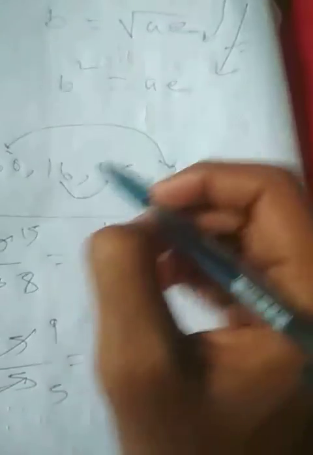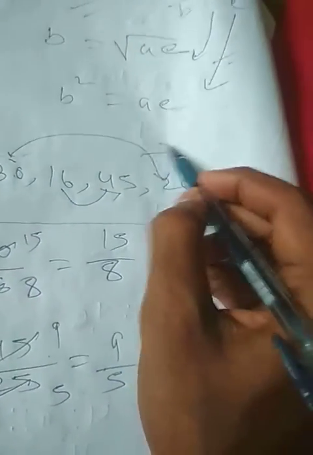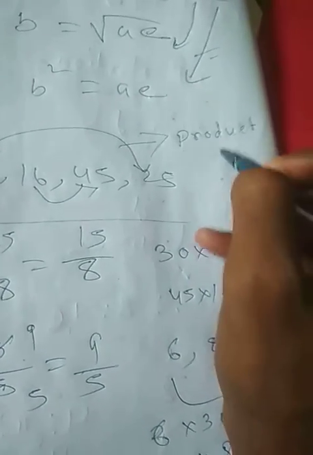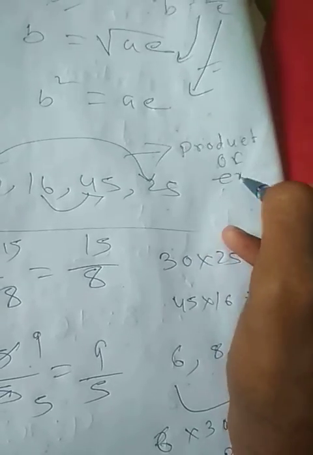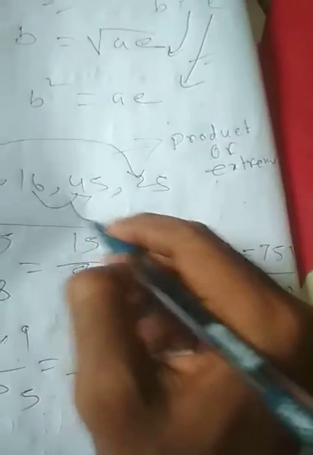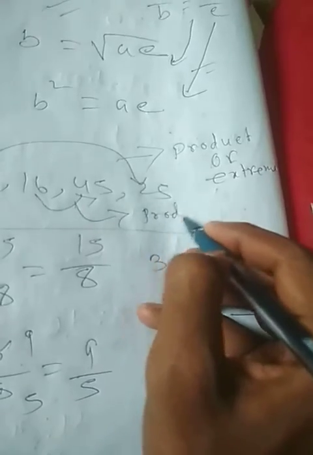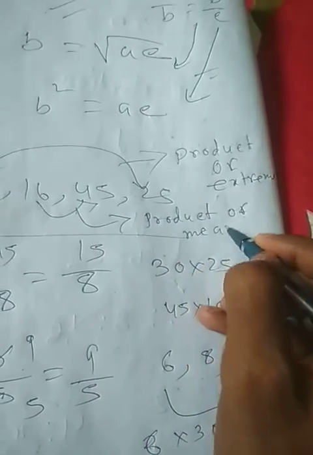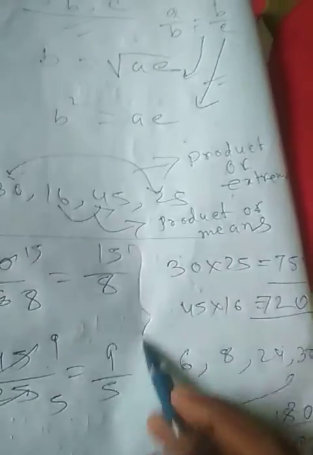If you multiply first and last, this is known as product of extremes. And this one is known as product of means. If they are same, that means the numbers are in proportion. You can also check like this.